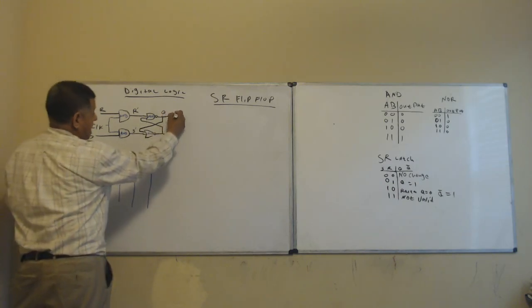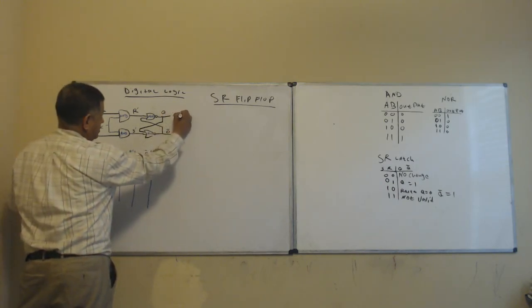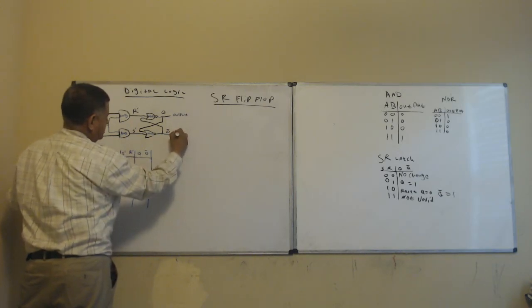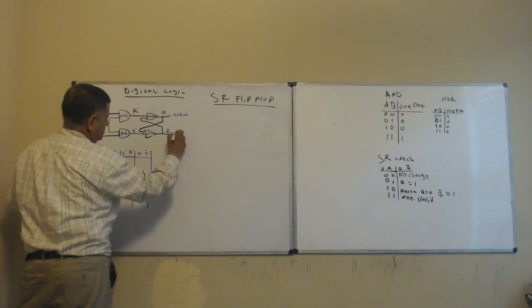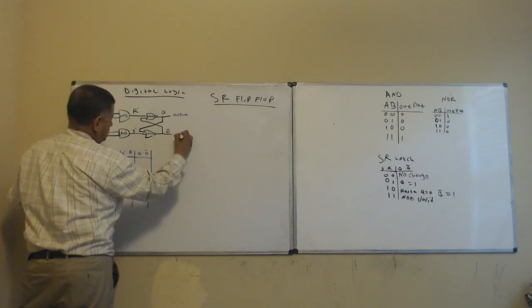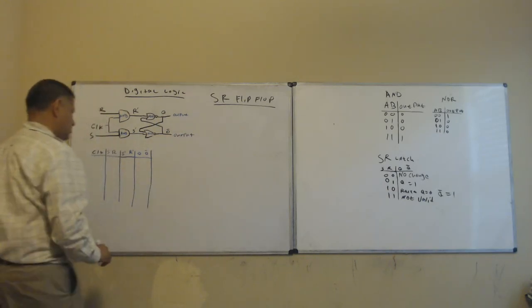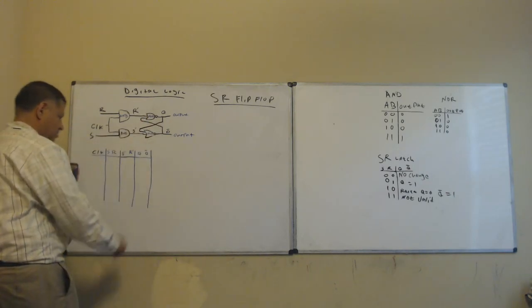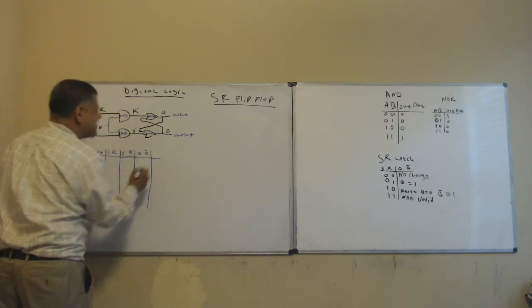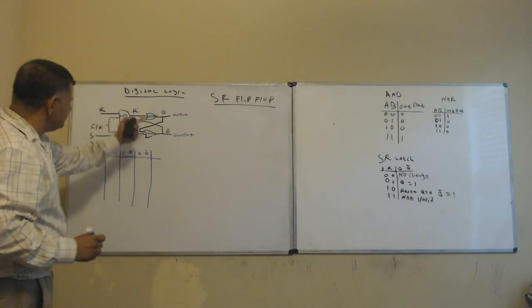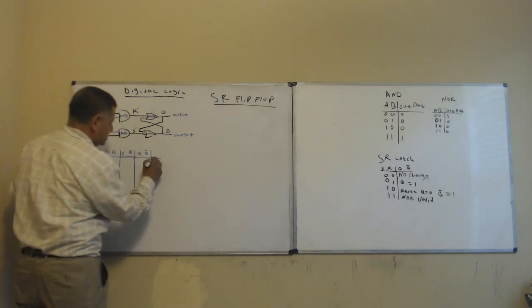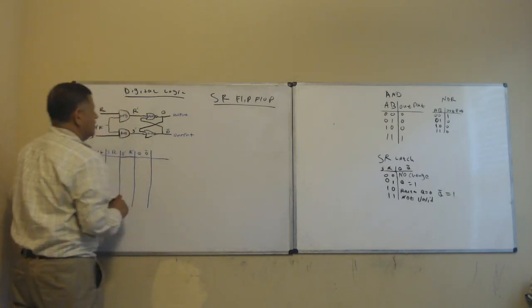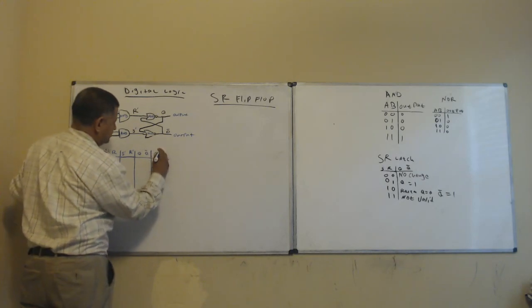Well, this is the output. Okay. So technically the Q naught is output, but we need to be specific about what we're doing here. So okay, so we said output.